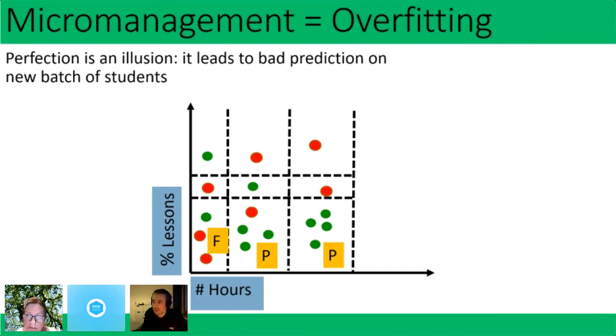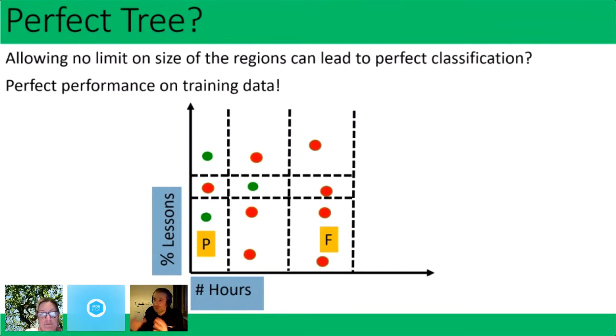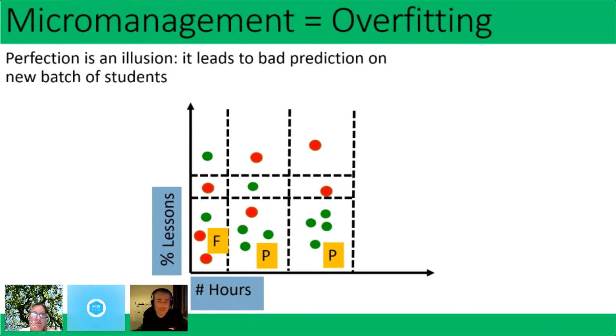Because these areas are too small, these regions are too confined, the algorithm will not be able to generalize well to data which have not been seen by the algorithm. So the perfect performance on training data with all these small regions will most of the time result in a very poor performance on the test data.